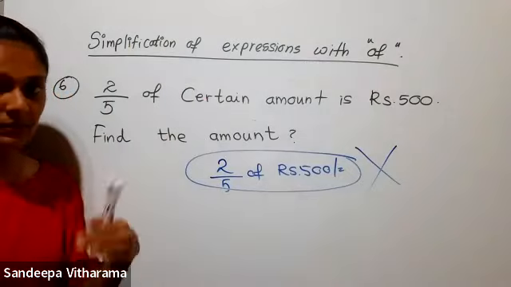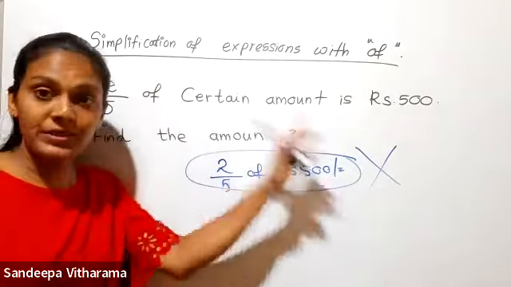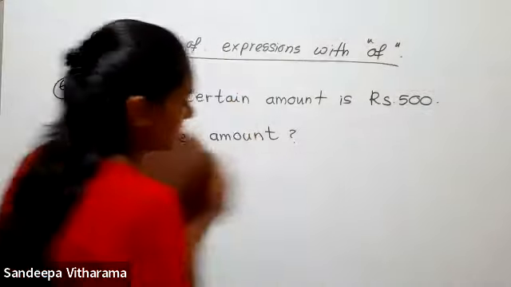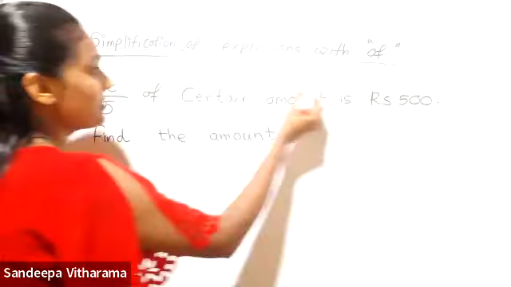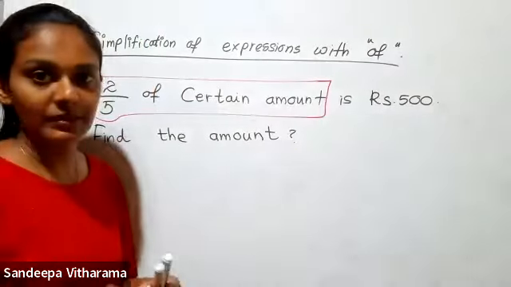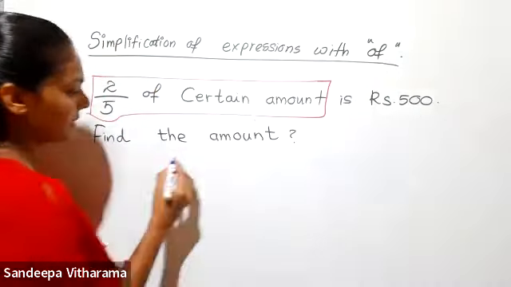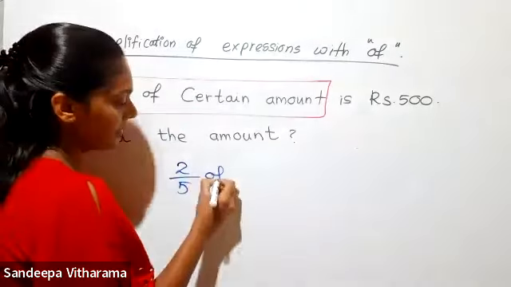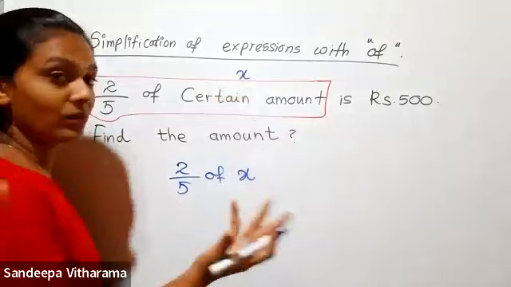Because here actually it is 2/5 of a certain amount, which is 500. Let me replace the certain amount by x. We don't know what it is. We have to find it.